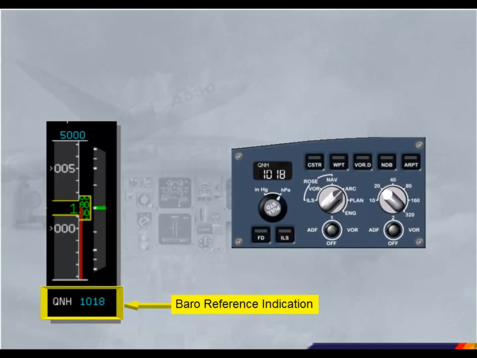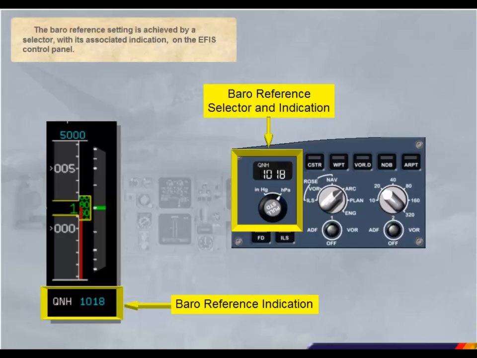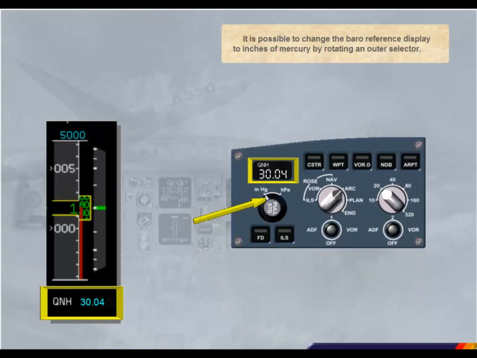The baro reference setting is achieved by a selector with its associated indication on the EFIS control panel. It is possible to change the baro reference display to inches of mercury by rotating an outer selector.